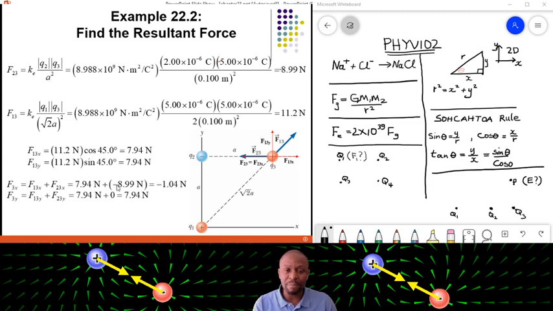It is also very important to know the sign here and the direction of the force, because the direction of F13 is in this direction, whereas the direction of F23 is in the opposite direction. As a result, you have to use the negative sign there. So this is what you are going to have as the x component of the force. And the y component of the force is only the F13y. Therefore, that's your y component.